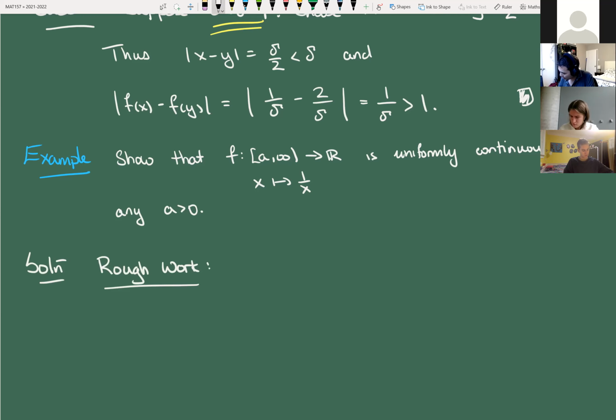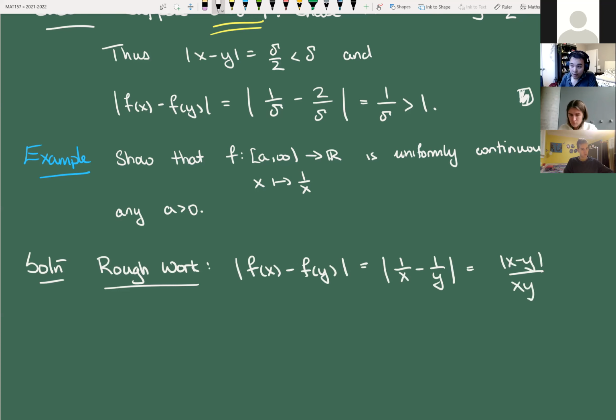So rough work, what do I want? f of x minus f of y. That's going to be equal to 1 over x minus 1 over y. That's going to be equal to the absolute value of x minus y all over x times y. And I can drop the absolute values there, right?